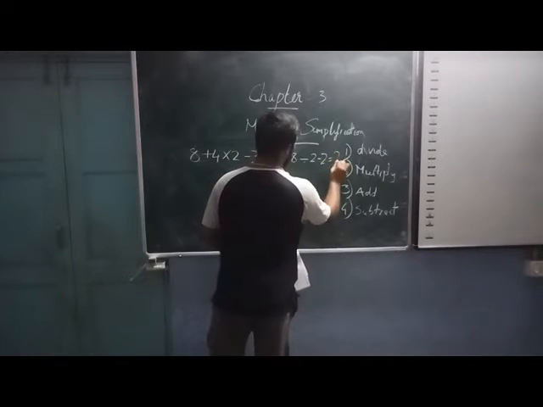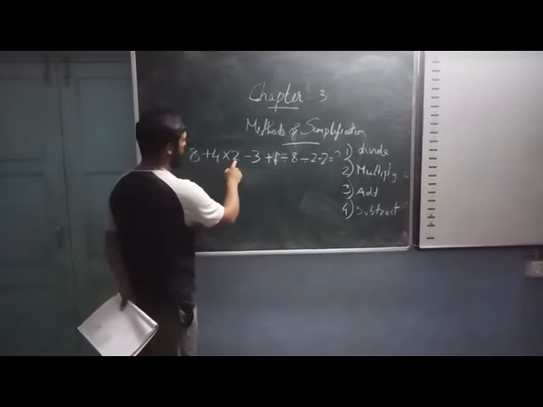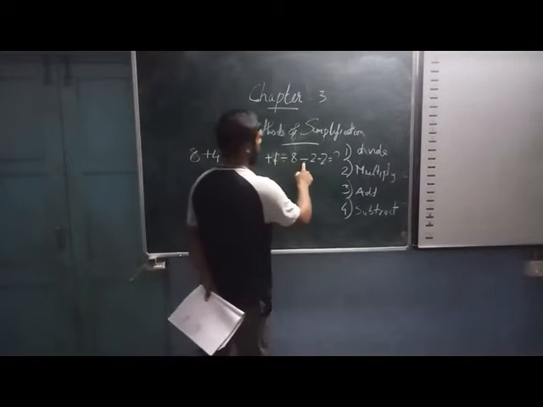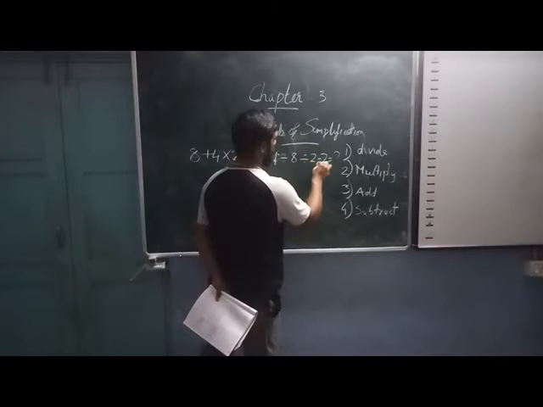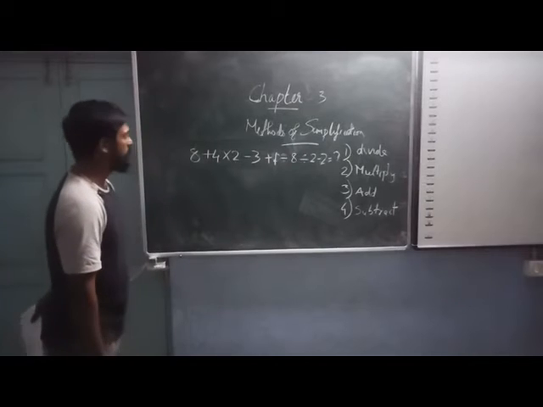So the question is 8 plus 4 into 2 minus 3 plus 1 minus 8 divided by 2 minus 2, and we have to find out the answer.